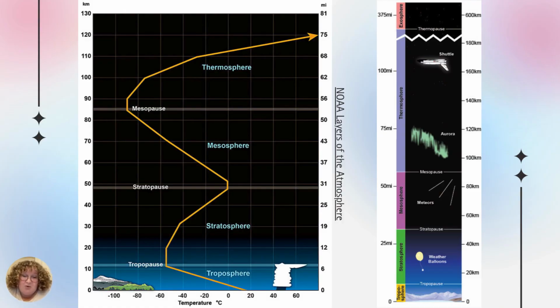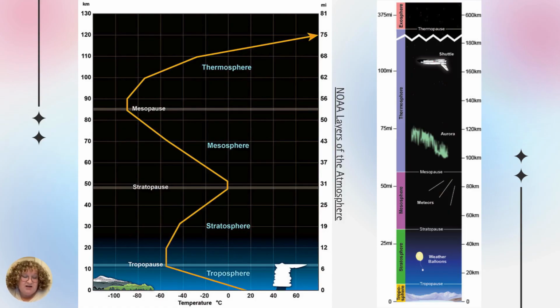It's the lowest and also the smallest layer of our atmosphere. And on this image on the left, you can see there's a depiction of a cloud in that lowest layer. The boundary between the troposphere and the next layer is the tropopause. And as you go up from there, you have the stratosphere, stratopause, mesosphere, mesopause, and then thermosphere.